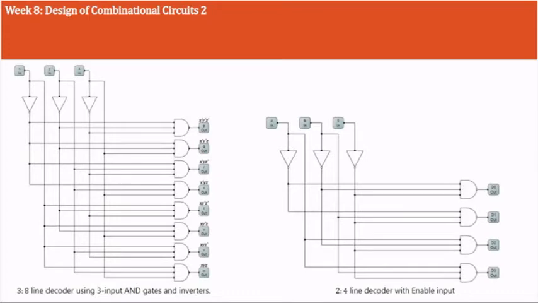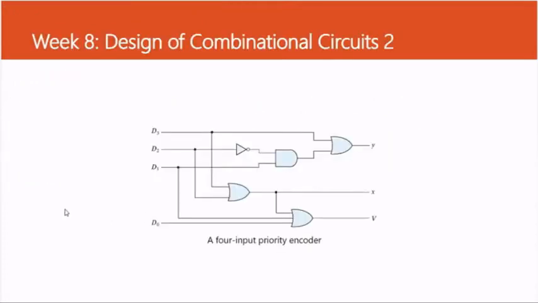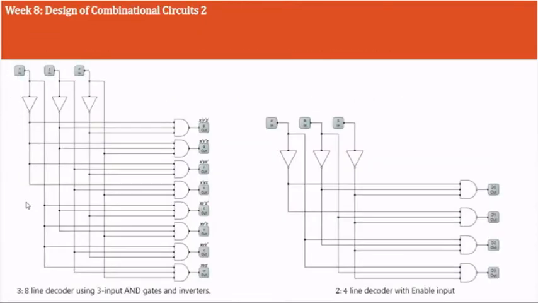So next naman is yung 2:4 line decoder, wherein yung input natin here is A, B, and E. Then ang ating magiging output is yung 4 from D0, D1, D2, and D3. So that is the enable input.